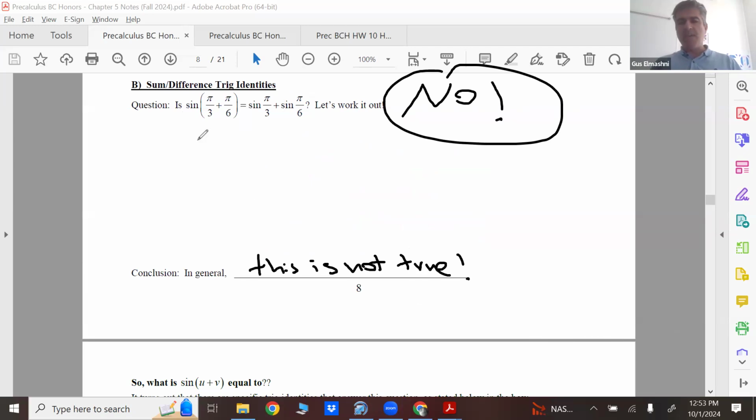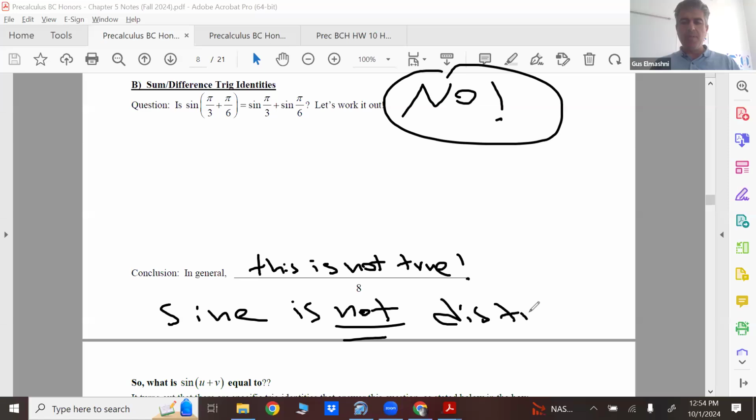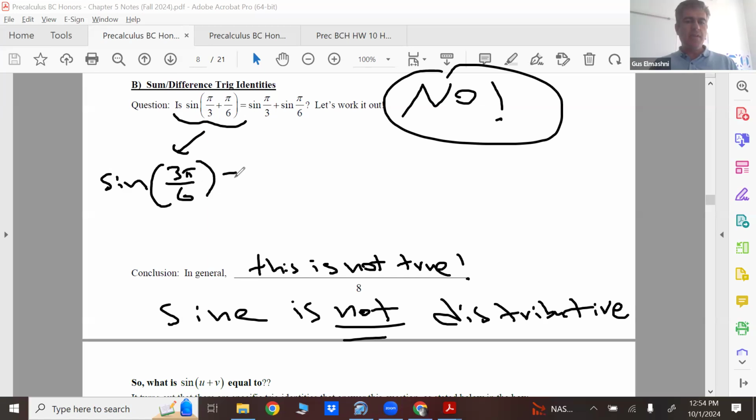Someone might think sine is distributive. Sine is not distributive. You still have to respect order of operations. It's a function. If you work it out, let's try it. That's going to be sine of 3 pi over 6, I think, and that's going to be root 3 over 2.